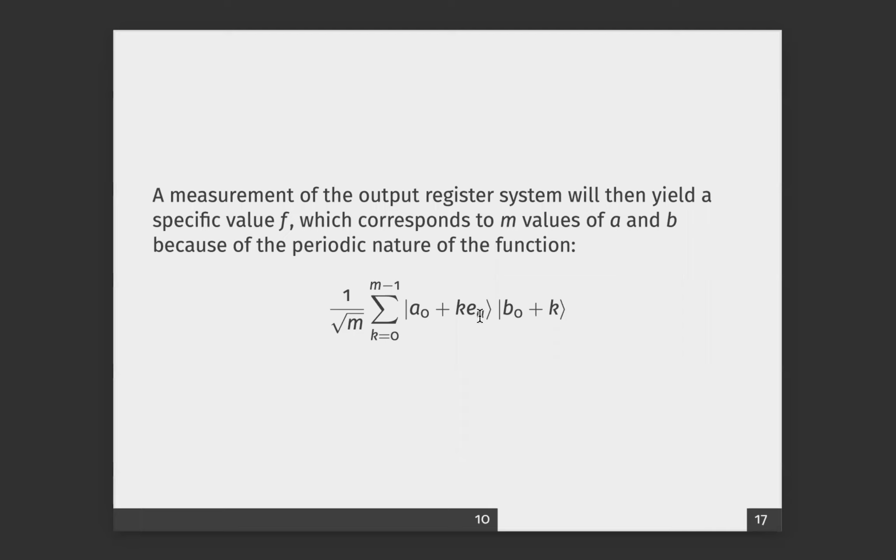So when you measure the output register, your input register will be in a superposition of all values having this form, okay? And M is the number of those values, which is not important to us. We just know that there are M of them, where M is something we don't care about.